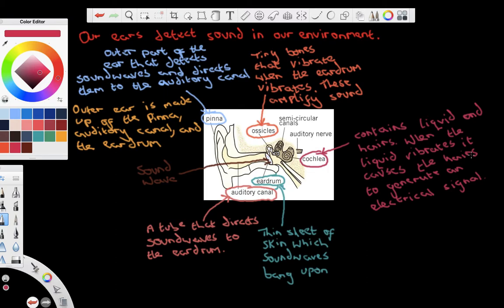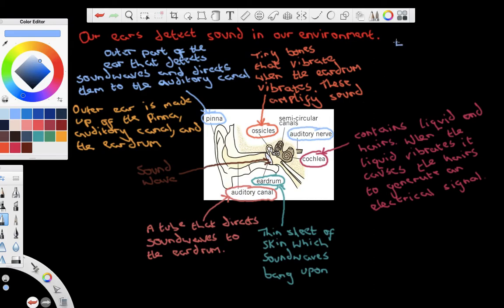Once these generate an electrical signal, these send a message to what's known as the auditory nerve. Auditory nerve, which is this one here.